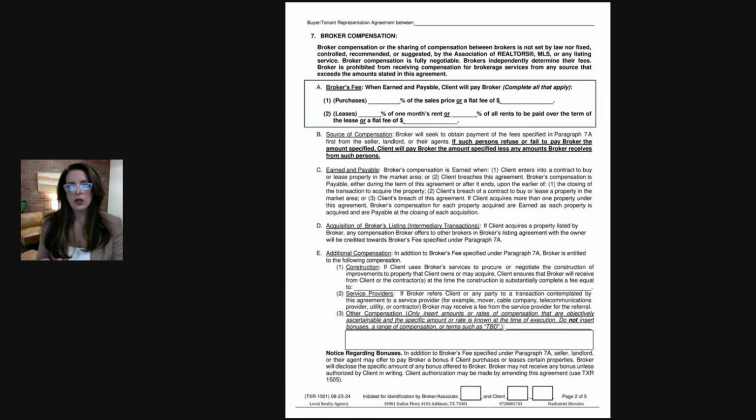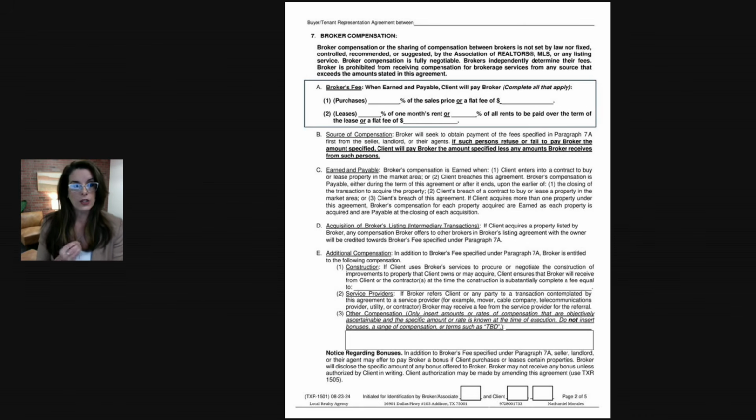So when you get to closing, your buyer's rep agreement has to match the 1-to-4 contract. It has to match the closing disclosure. Everybody has to have agreed upon how much you're making. So I like to start with my professional compensation fee is 3%.